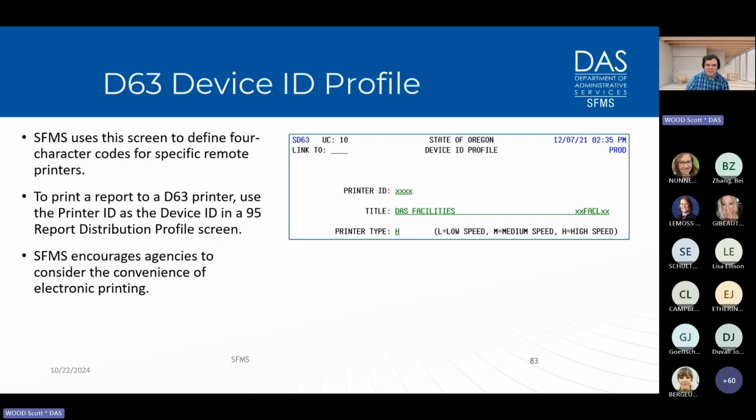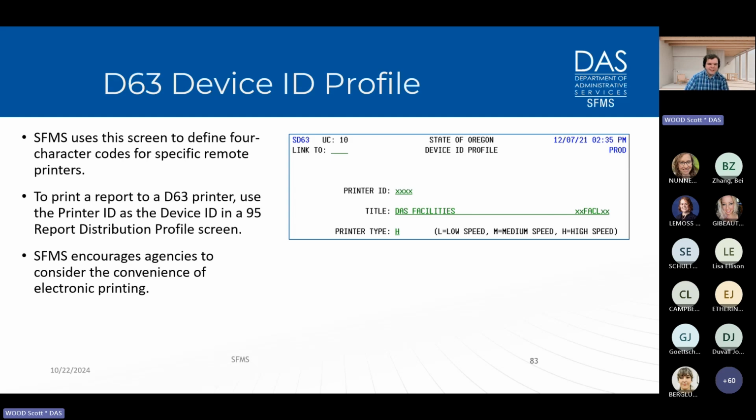The D63 device profile is used to define the 4 character codes for specific remote printers. To print a report to a D63 printer, use the printer ID as the device ID in a report 95 report distribution profile screen.